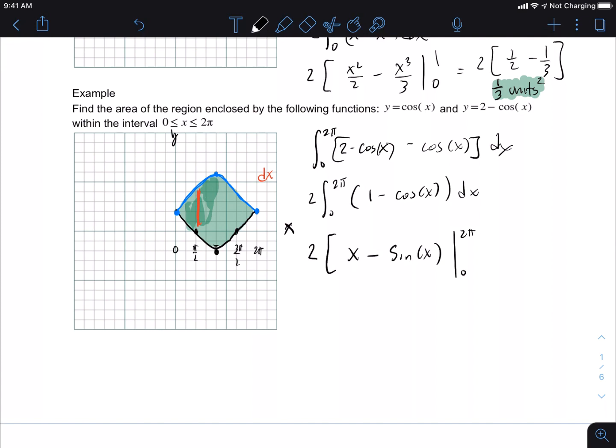Well, that's cool. We can see from here that we're going to get 2 times 2 pi minus 0, right? Because sine of 2 pi is 0. Minus 2 times 0 minus sine of 0, which is also 0. And so 2 times 2 pi is going to give us 4 pi units squared.